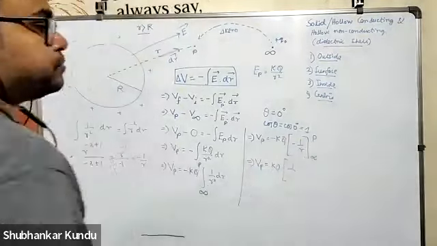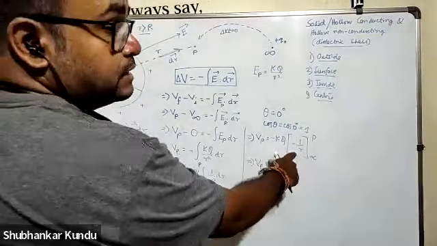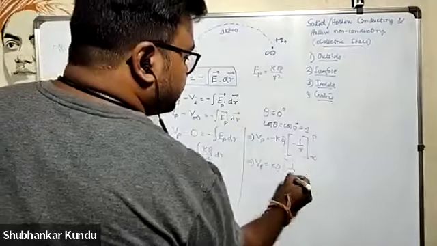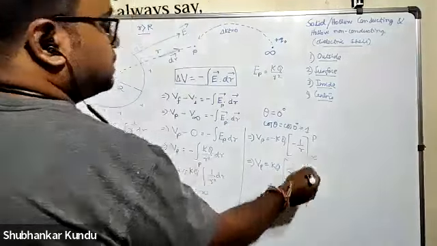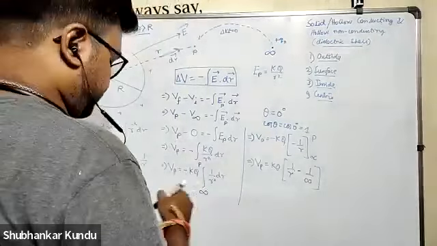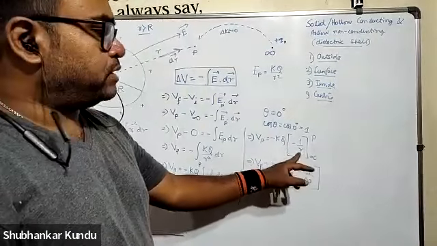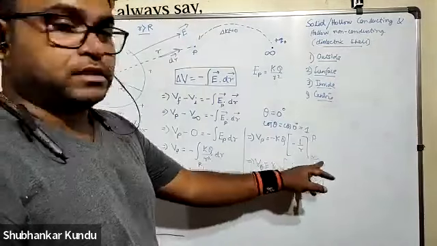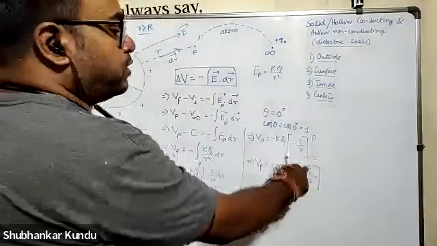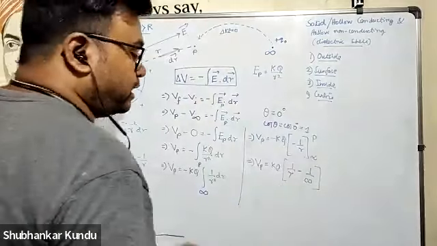[1/r at P] minus [1/r at infinity]. What is the value of the distance at the point P? Small r. And the value of the distance at infinity is infinity. So 1/r minus 1/infinity, and 1/infinity is 0.